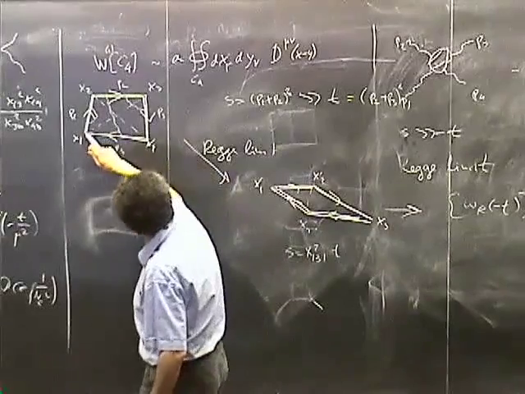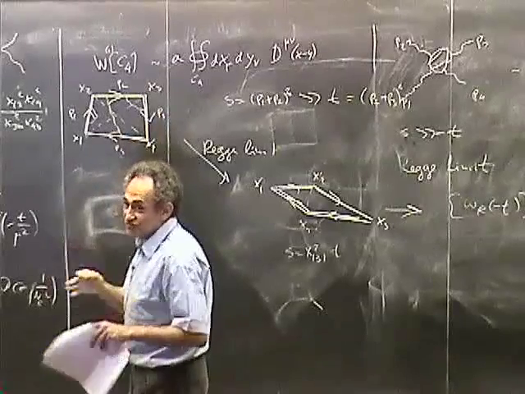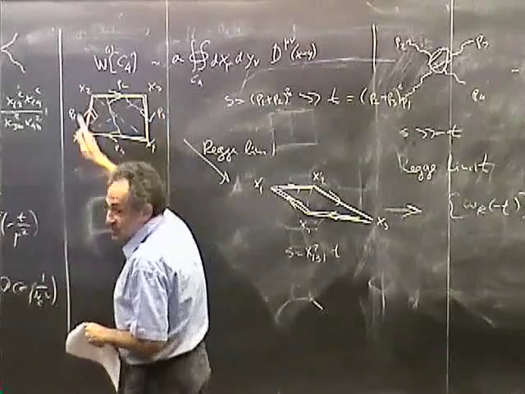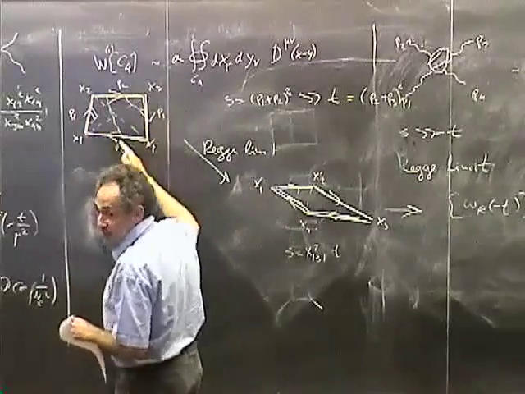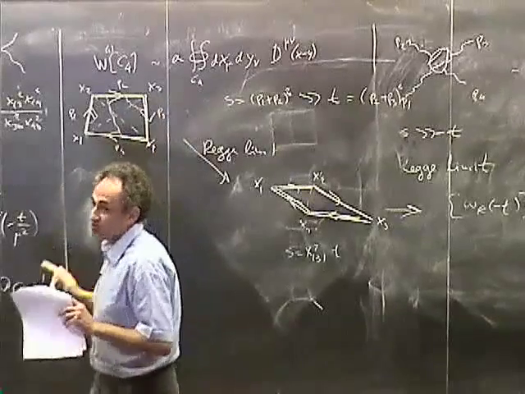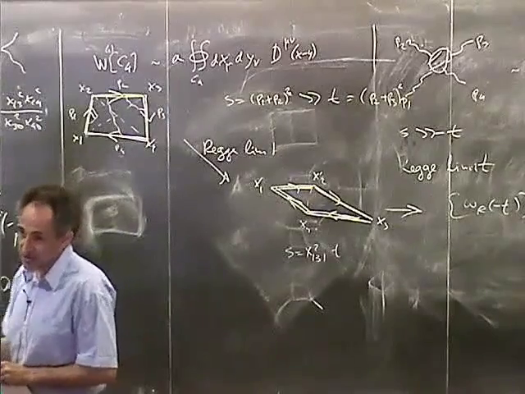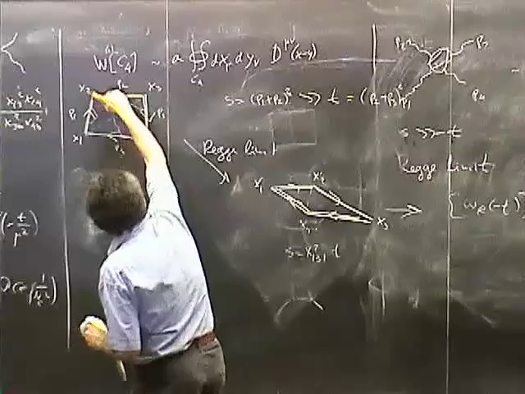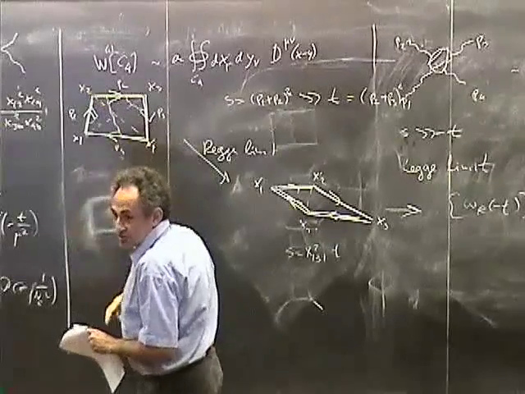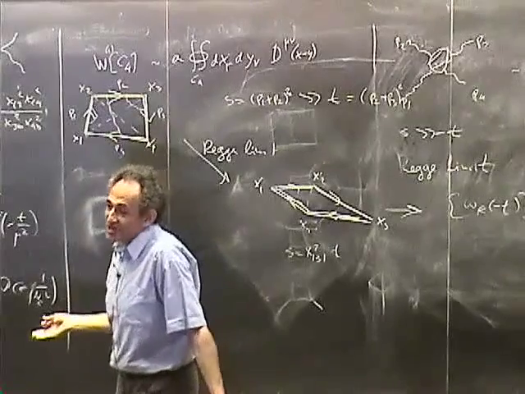The Regge limit corresponds to the situation when these two points are deeply in the Euclidean region, if you wish. If these are all light-like directions, we're going to the situation when these points x1 and x3 are actually time-like separated in the Regge kinematics. And this time-like separation is much bigger than the space-time separation between the other two points. Okay, depending on your imagination.